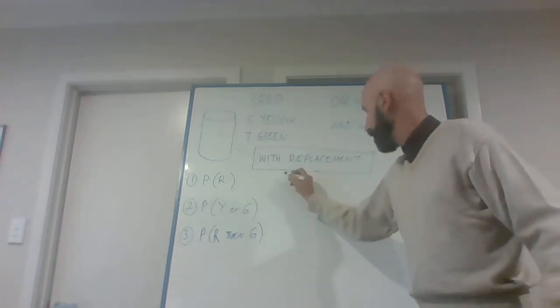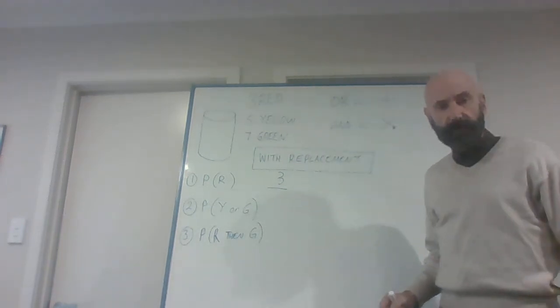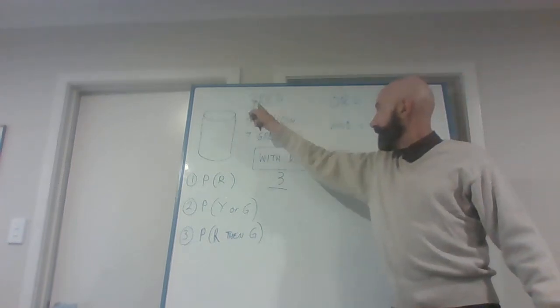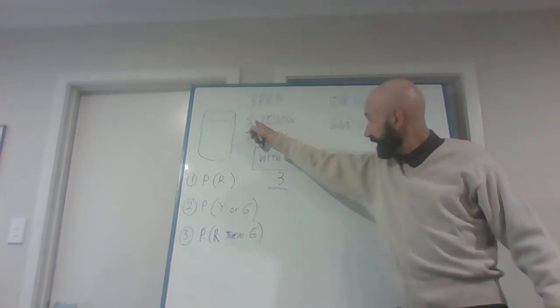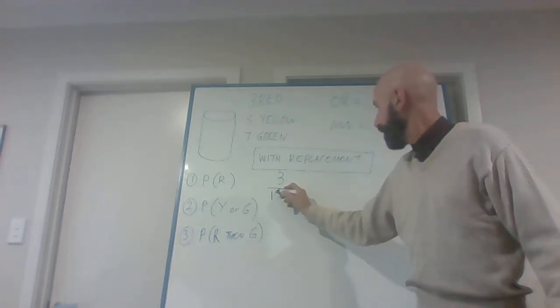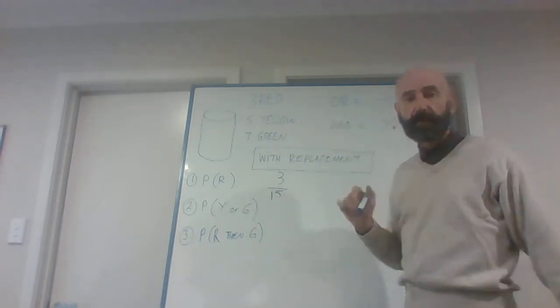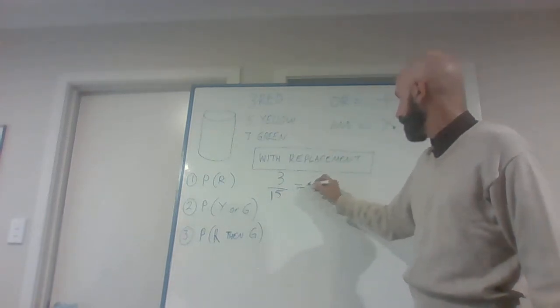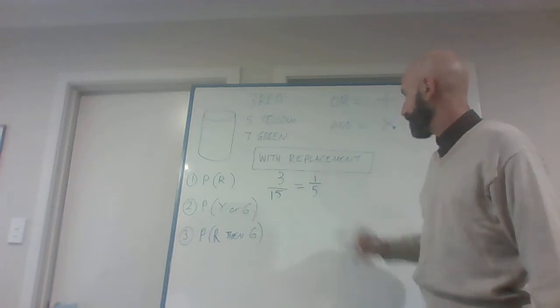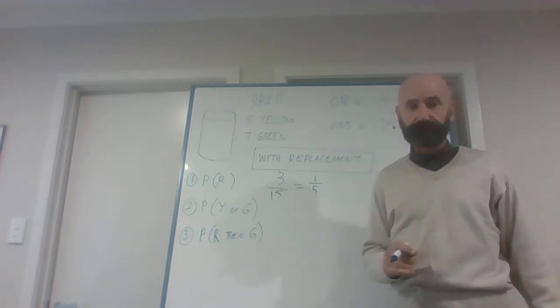Three. How many do I have altogether? 3 and 5 yellow is 8, 7 green is 15. Yeah, 3 over 15, 3 out of 15. And if I want to be clever, I can simplify that to 1 over 5. A 1 in 5 chance of pulling a red one out at random.